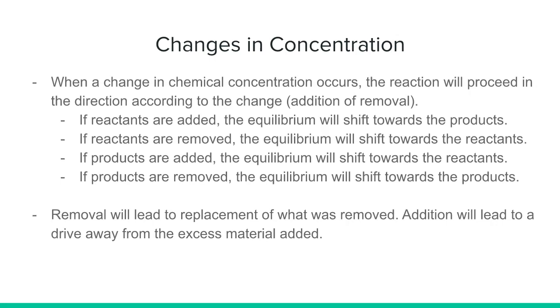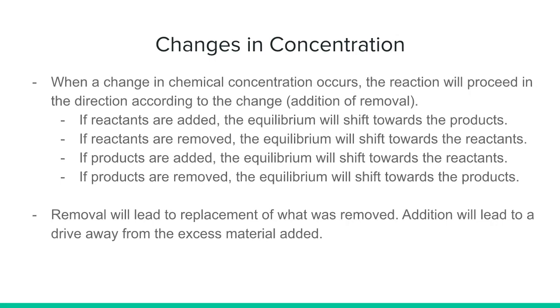If products are removed, the equilibrium will shift towards the products because you are, again, removing something. It wants to replenish it. Okay? Removal will lead to the replacement of what was removed, and addition will lead to a drive away from the excess additional material added to the reaction. So that's how manipulation in concentrations will affect this.